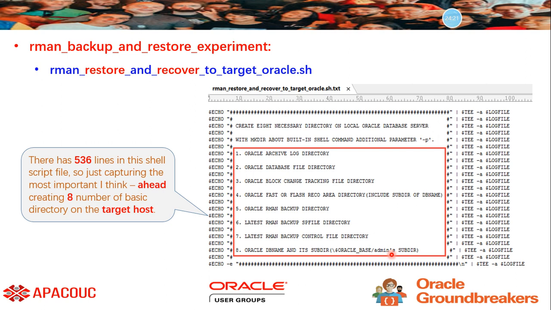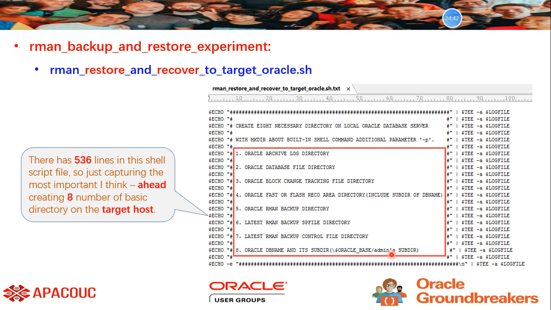From the screenshot on the right side, you can see that I only capture the most important parts, because it has 536 lines in this shell script file.